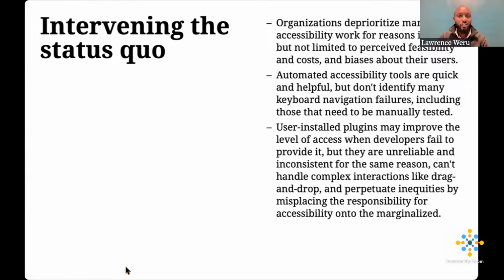Organizations may deprioritize developing for keyboard accessibility due to perceived low visibility. Automated accessibility tools may catch some issues, but keyboard navigation failures can be hard to automatically find, often leaving them ignored.